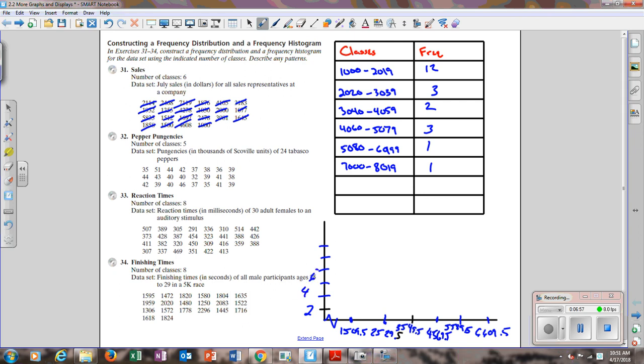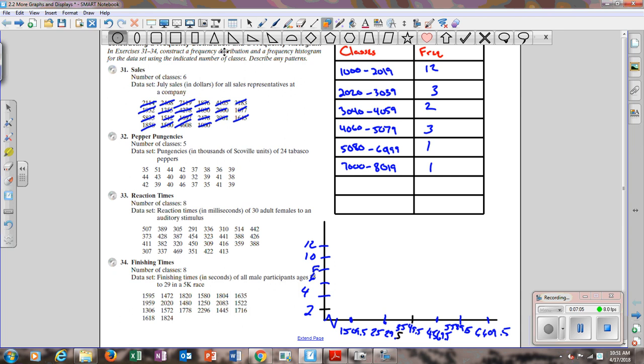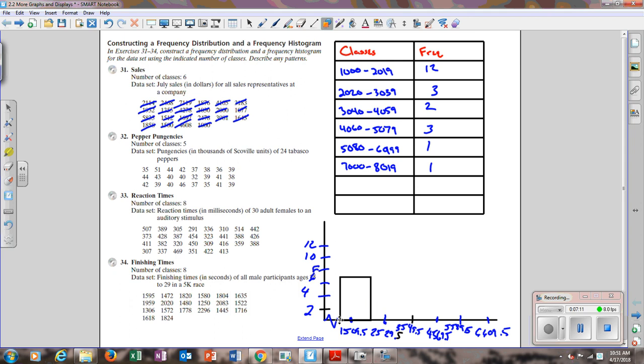It's 2, 4, 6, 8, 10, 12. All right. So now we're going to do rectangles to represent those. This one goes up to 12. Make sure your rectangles touch. That one goes up to 3. That one goes up to 2. 3.